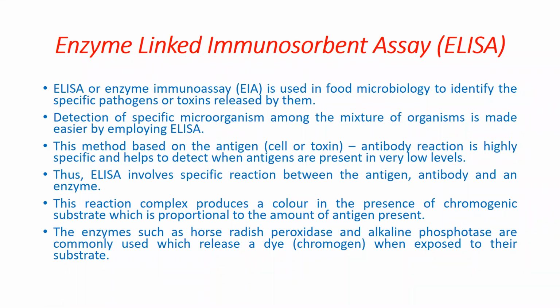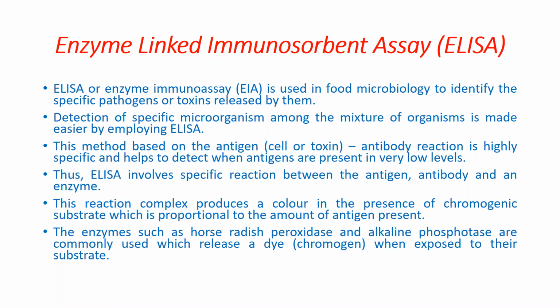Antigen means a bacterial pathogenic cell or a toxin will be there. So if the antigen, that means the pathogenic cell or toxin, directly reacts with the antibody, there will be an antigen antibody reaction.